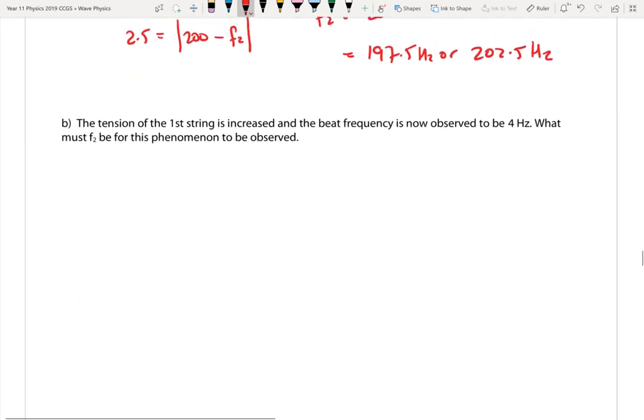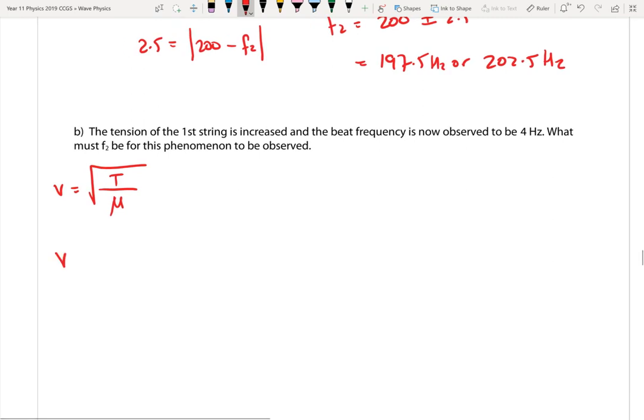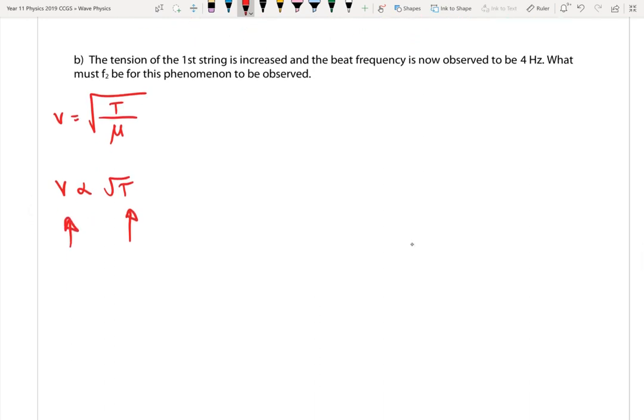There is an equation which we will learn. It's that V is equal to the square root of tension over some property called the linear density. But basically, we can see that V increases with tension. If I increase tension, I increase V. And so from V equals F lambda, if I increase tension, I'm also going to increase frequency.